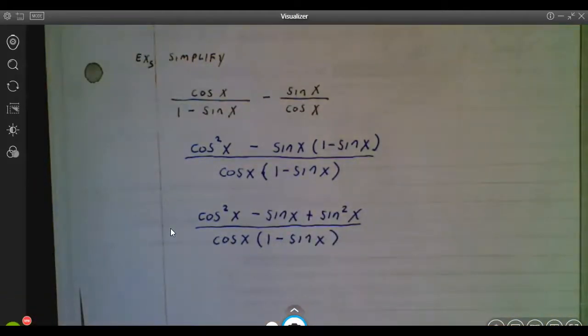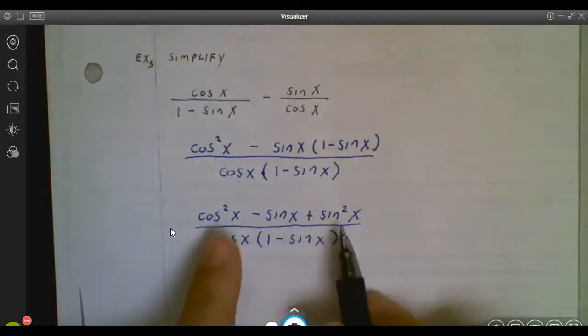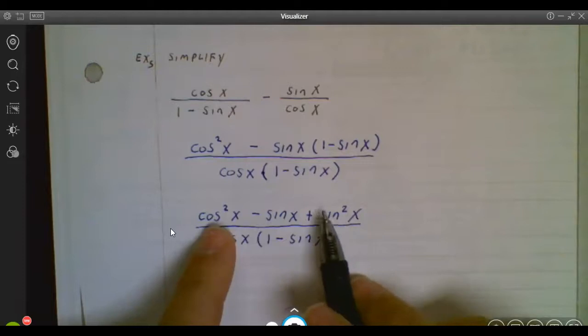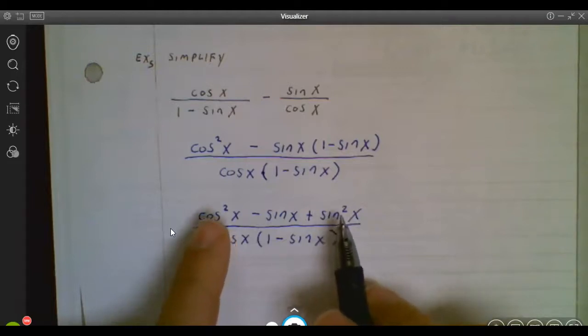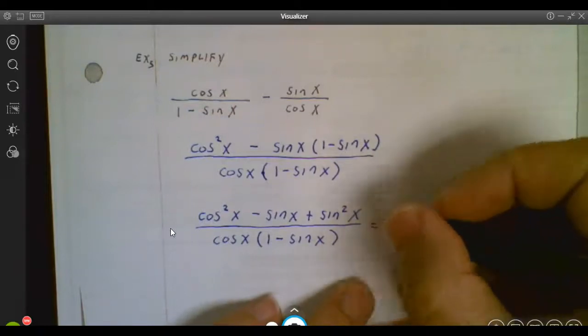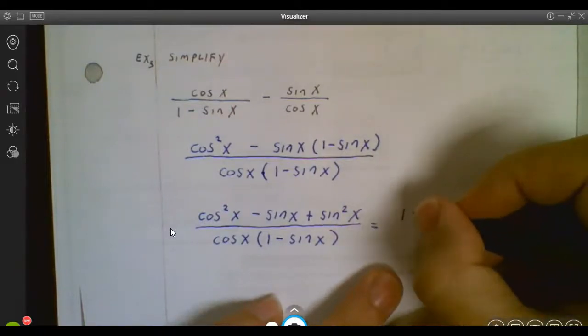So here's where I'm at now. What we're going to notice is just those two terms right there. I have a cosine squared plus a sine squared. If I isolate those two terms, I can replace those with a 1. That was our first Pythag identity. So that leaves me with 1 minus sine x.